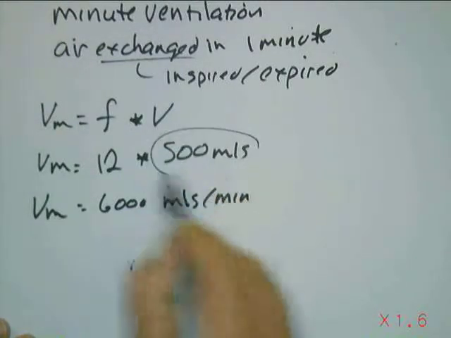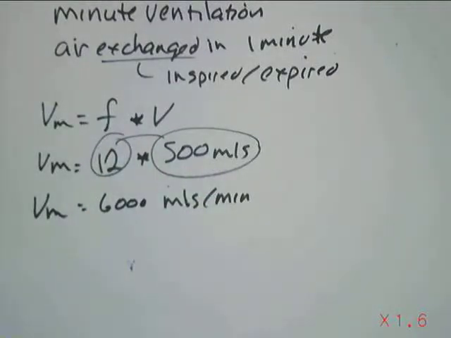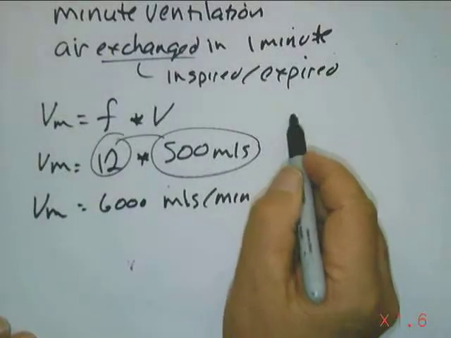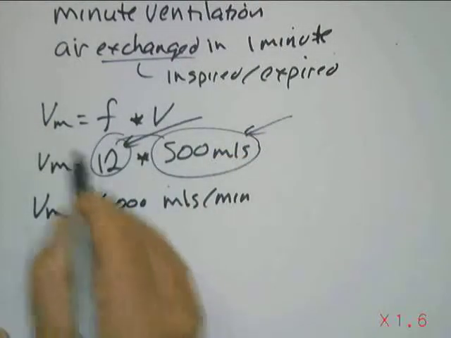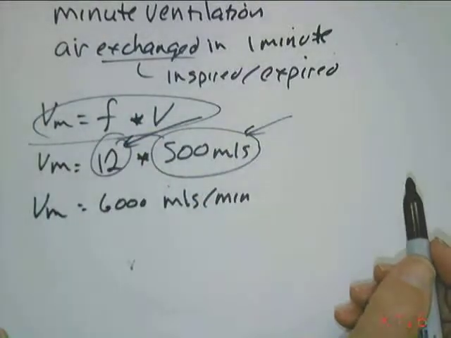Simply the volume times the respiratory rate. During the lab exam, I'll give you the volume, I'll give you the respiratory rate. You'll have to remember the formula to determine what the minute ventilation is.